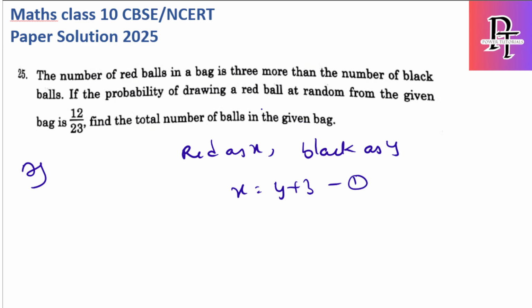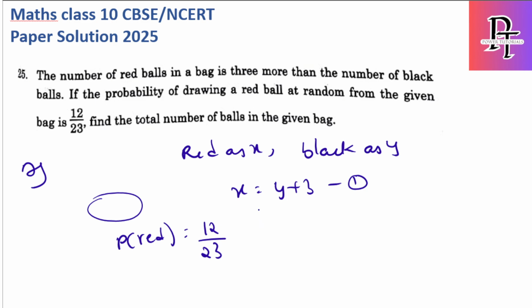Okay, fine. So what we have: probability of drawing a red ball at random from the given bag. So we have some bag. Probability of red is equal to 12 by 23. They're asking what is the total number of balls.